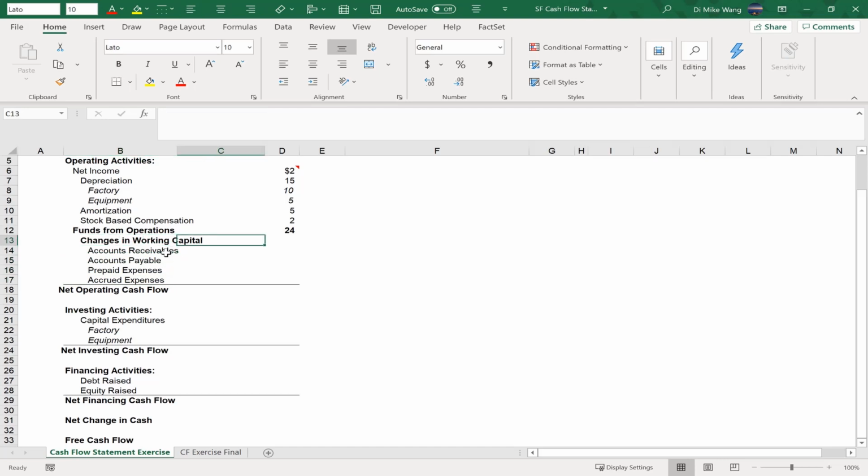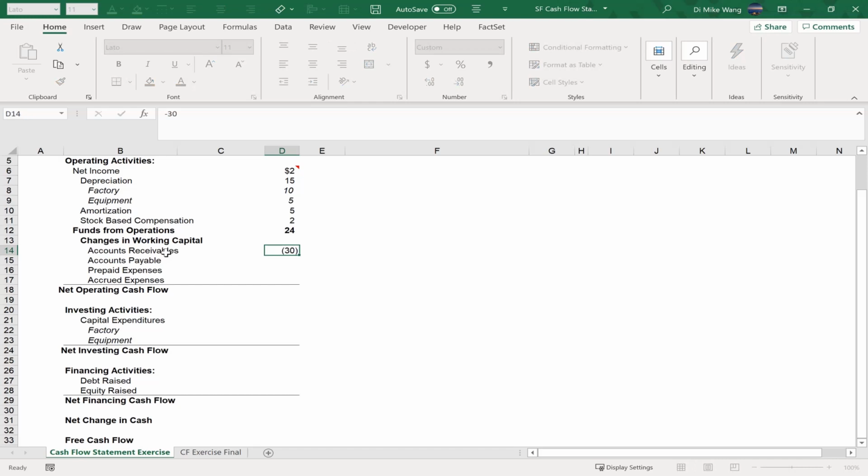For receivables, since we sold $100 worth of scales, but only received $70 in cash, that means there's a receivables balance of $30. Since we're starting off from a base of 0, it'll mean that our receivables will have increased by 30. Since the receivables balance is an asset and adding the receivables means collecting less cash, we will have to set it to be a negative number.